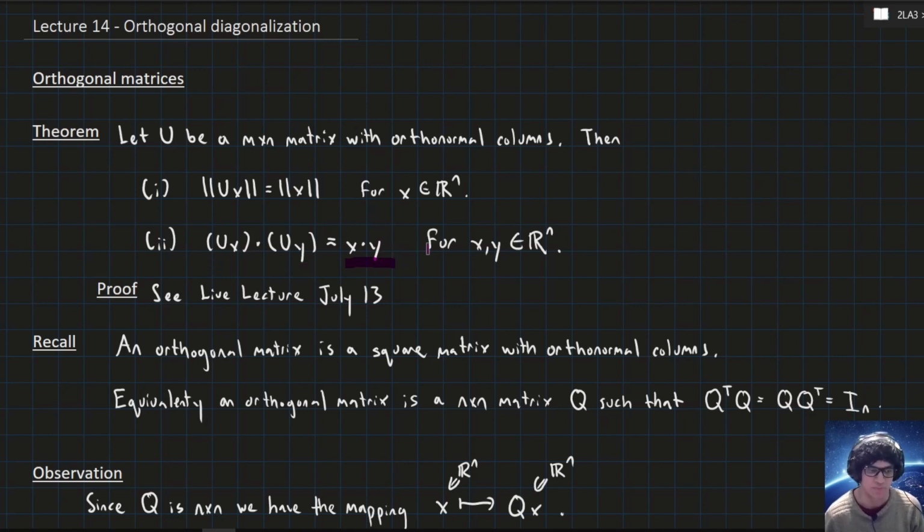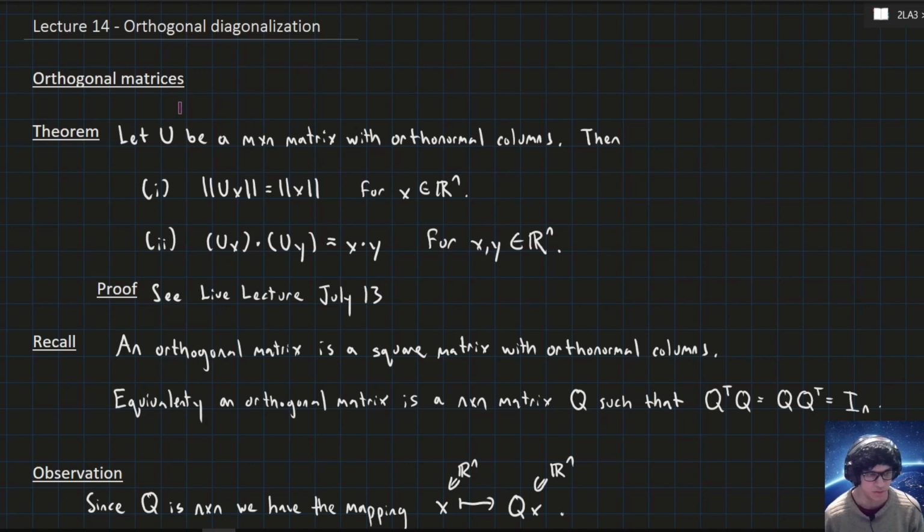In other words, U preserves the dot product between two vectors. We'll get into the implications of this in a moment. If you want to see the proof of this theorem, I did it in a live lecture, the one on July 13th.